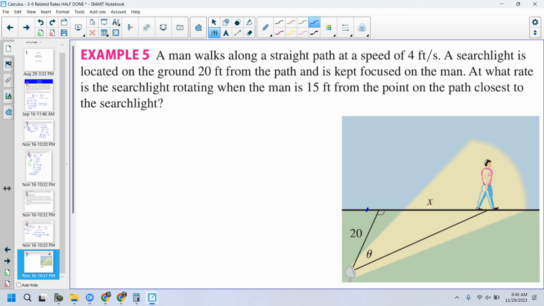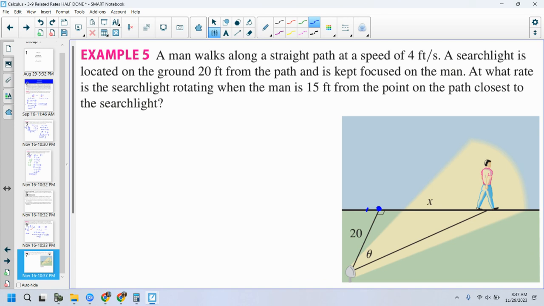At what rate is that searchlight rotating when the man is 15 feet from the point on the path that is closest to the searchlight? The closest point on the path is the perpendicular. So that's why we say when he is 15 feet from the point on the path closest to the searchlight, that's going to be 15.